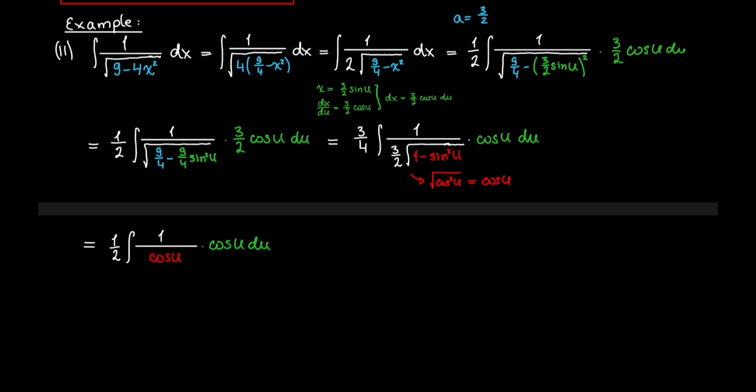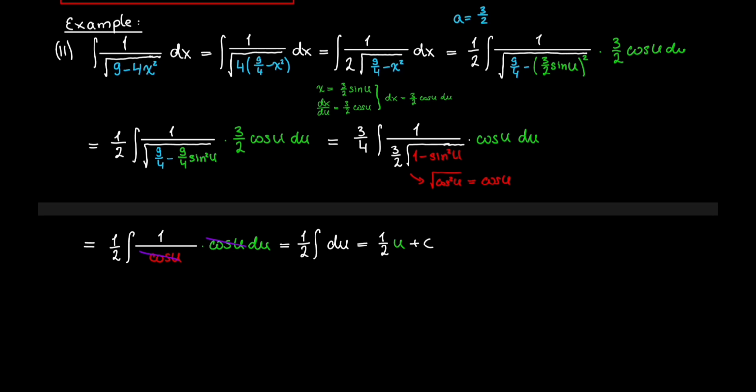And then in the end, it's also multiplied by cosine of u du. So what exactly happens here? Cosine of u can simply be cancelled out. This means our integral can be simplified to 1/2 integral of just du. And we know that this is basically like integrating the number 1, and what you're going to get is 1/2 of u plus c.